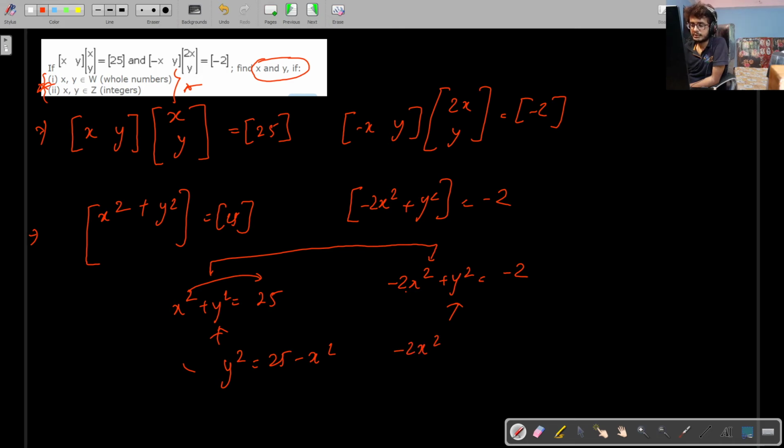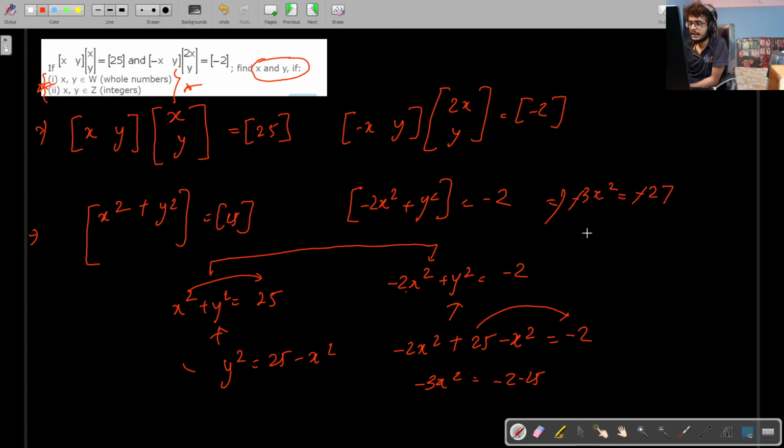So minus 2x square, substitute this value here, plus in place of y square put 25 minus x square equal to minus 2. So minus 2x square minus x square is minus 3x square. This 25 goes to the other side, becomes minus 2 minus 25. Minus 3x square equal to minus 27.